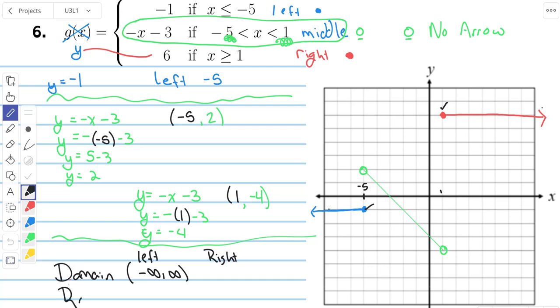Now let's do our range. Where I'm looking at bottom, top. So if I start my lowest point is this -4. And then I keep going up. I stop here at 2. Stop at 2, and that's an open parenthesis. Or a parenthesis because it's open circle.